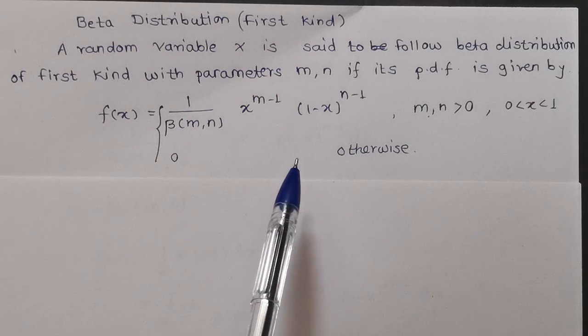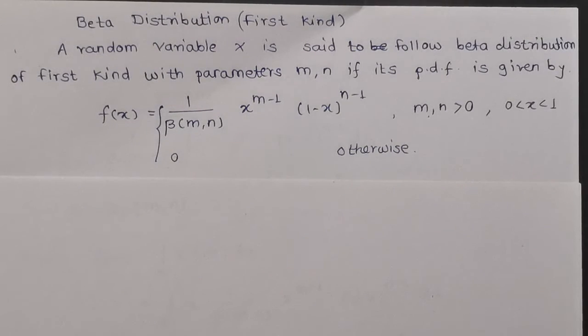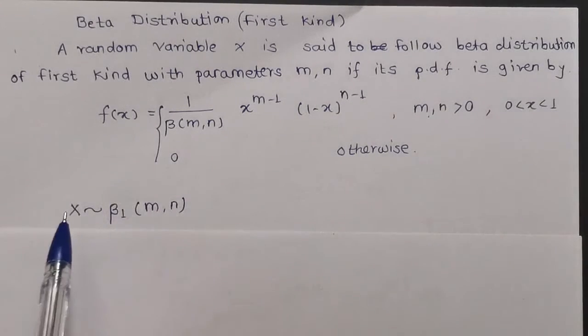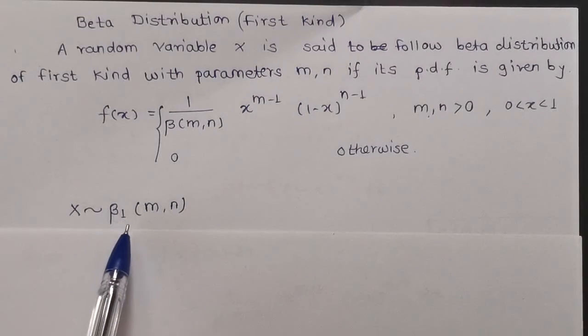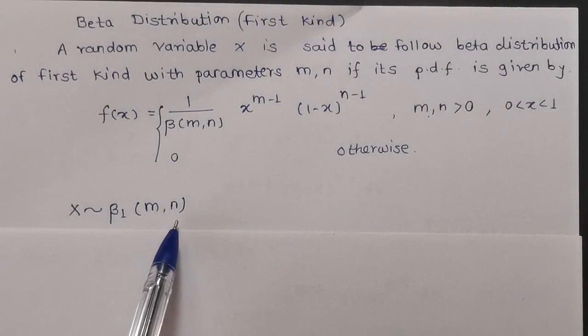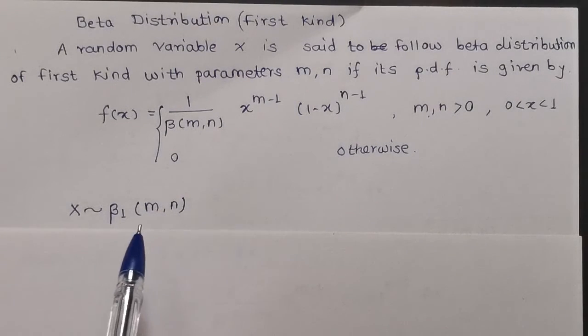And the notation of the beta distribution of first kind is random variable x follows beta first kind (m, n). There are two parameters in the beta distribution because already we have seen the beta function. There are two values a and b. So here again there are two parameters m and n.